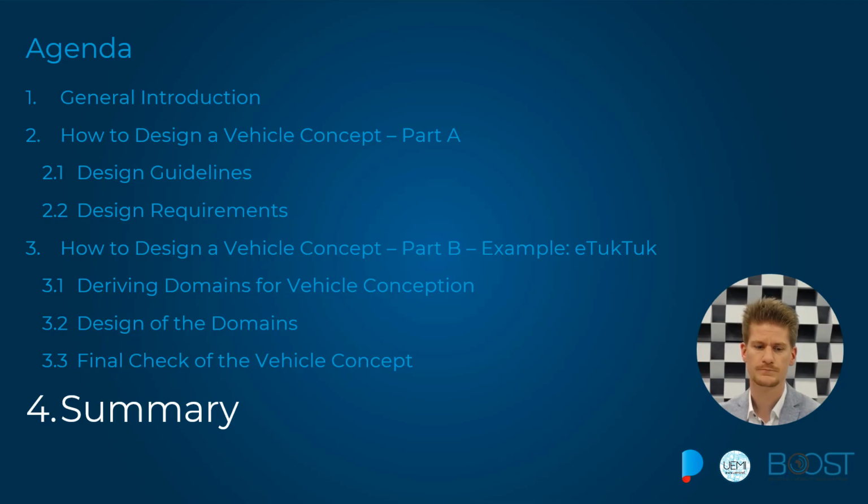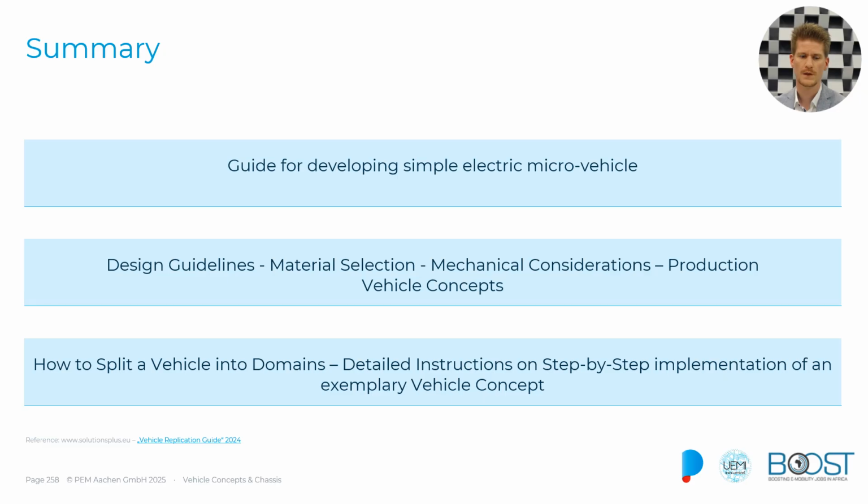Summary. Now, what have we seen within the last minutes? It's been quite a lot, but to put it in a nutshell, there are three things. We've seen a guide for developing a very simple electric micro vehicle.